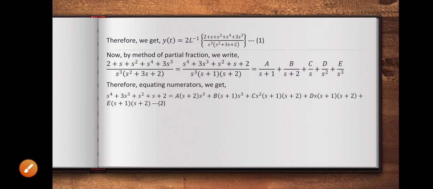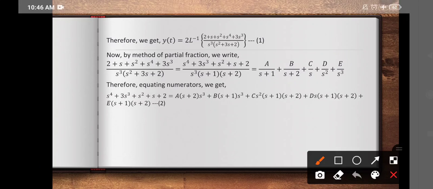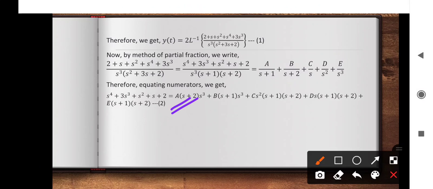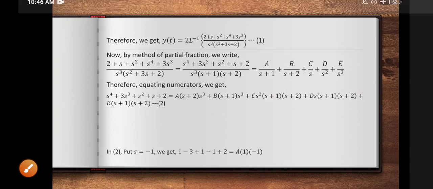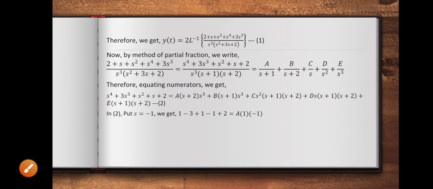Now put s equal to minus 1 in this simplified numerator equation. So equating the numerator on the LHS and the simplified numerator on the RHS, here you have to put s equal to minus 1 to get the value of A. So you will get A equal to 0 on simplification.